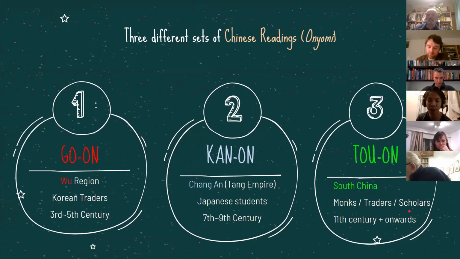Many of them fled from China to Japan to run away from Mongolian and Manchurian invasions, to run away from the barbarians. And they brought their phonetics with them to Japan. Go-on and Kan-on are taught in Japanese school, and usually To-on is not taught unless you are studying sinology at the university.